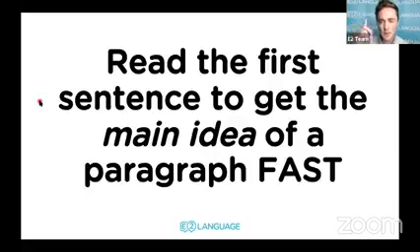So if you know this and you can quickly read that first sentence, you do not have to read the entire paragraph, because in matching headings, for example, you can just read the first sentence of the paragraph. You don't need to read the entire paragraph. Even for multiple choice, if it's asking you a particular question, you'll just read the first sentence of the paragraph and you'll know if the answer is in that paragraph or in another paragraph.